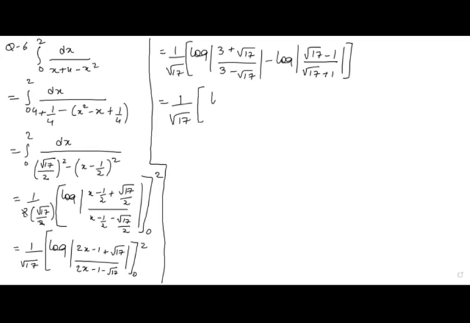Now applying the properties of log, if the two logs are in subtraction, I can take a common log and take the division. Dividing means multiplying with its reciprocal, so I will take the reciprocal of this and multiply.